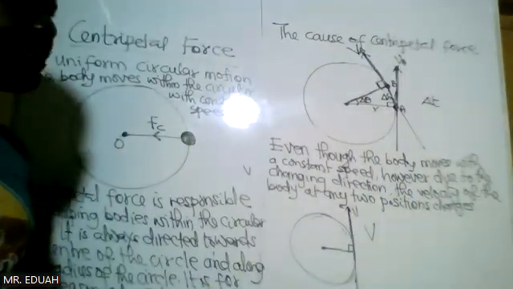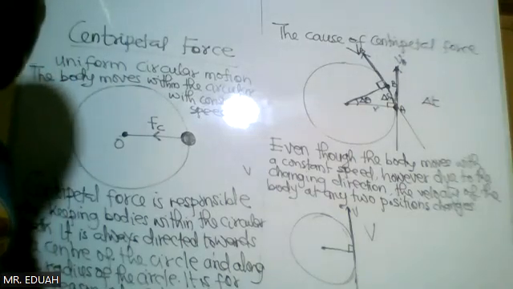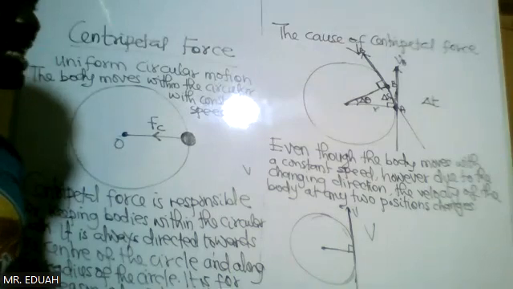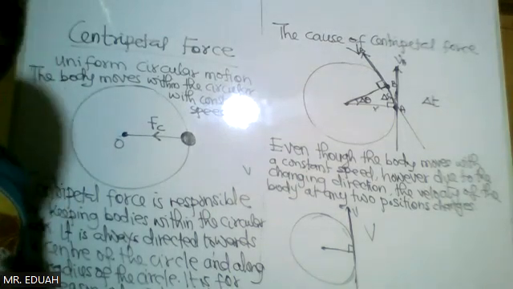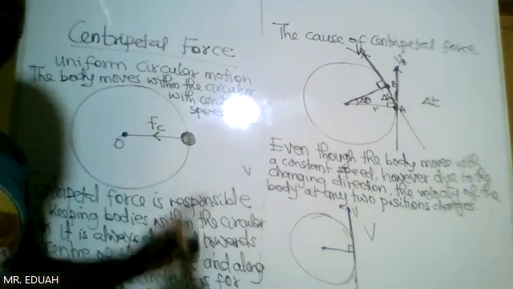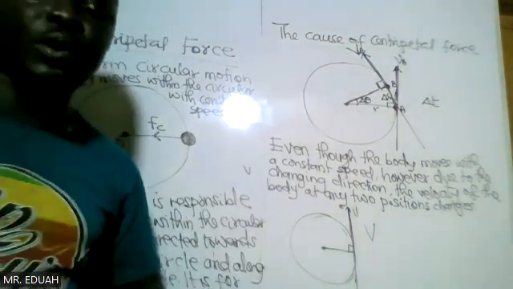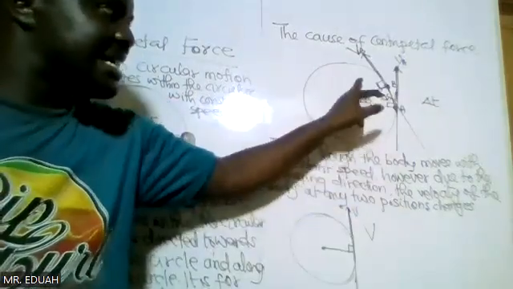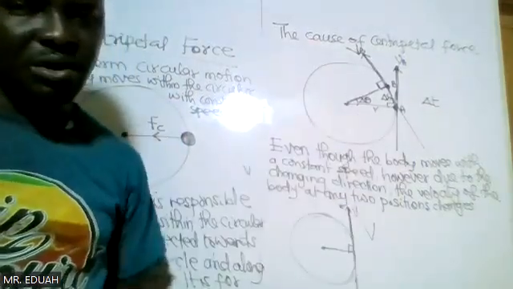So this is what happens when the direction is changing, and so the velocities are different at point A and point B. Okay, the linear velocity at each point is always tangential to the circle.